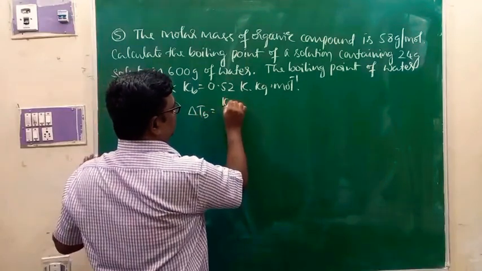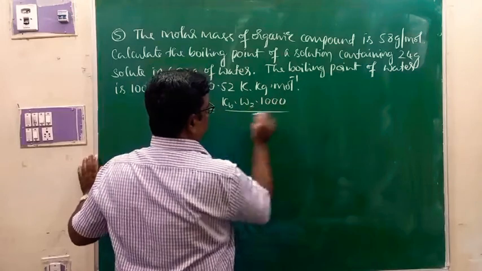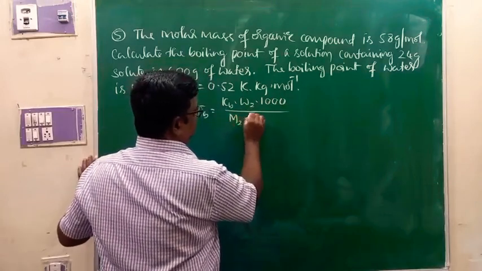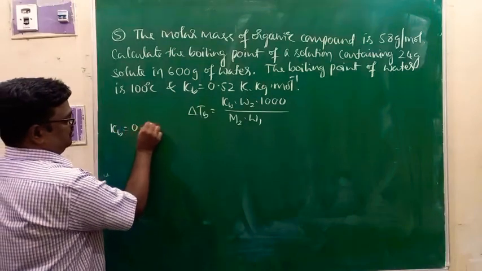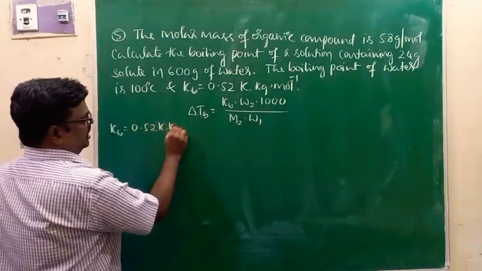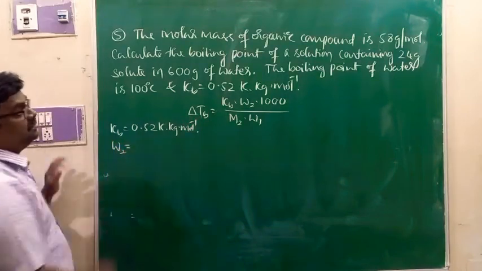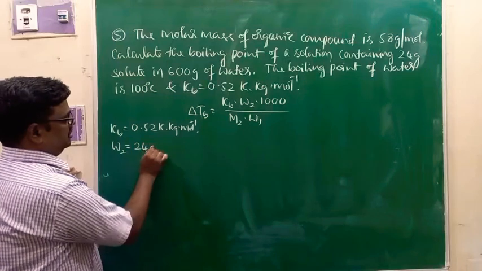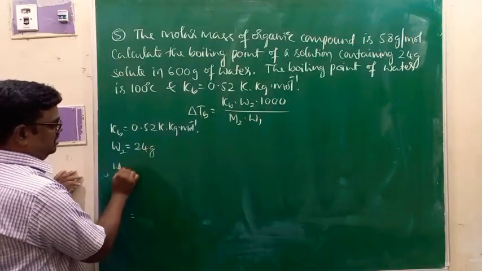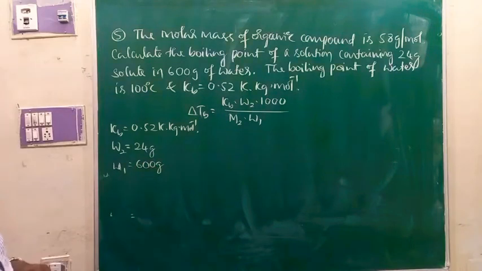That is Kb into W2 into 1000 divided by, and of course M2 into W1. Substitute. Kb is 0.52 Kelvin kg per mole, right? W2 is 24 grams of solute, dissolved in W1, 600 grams of water.